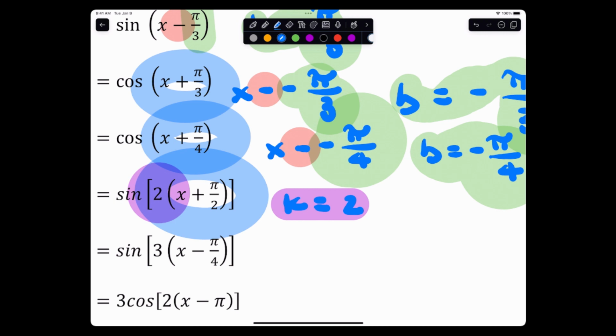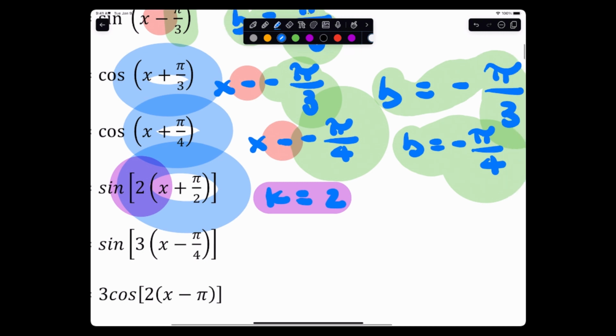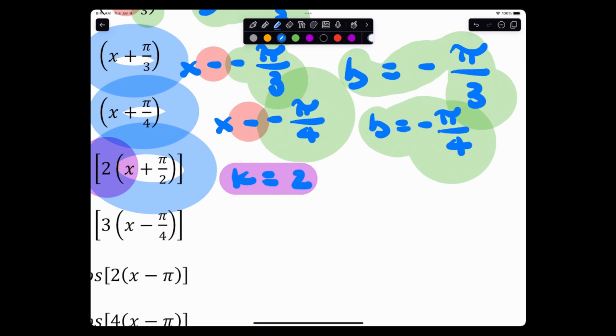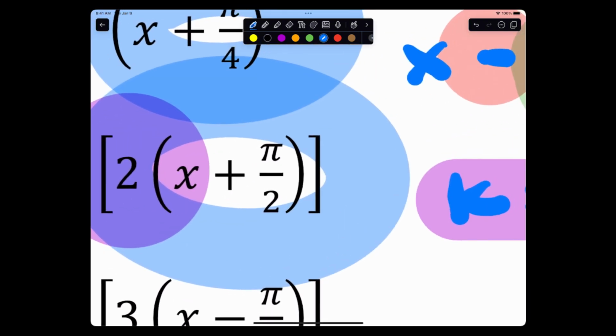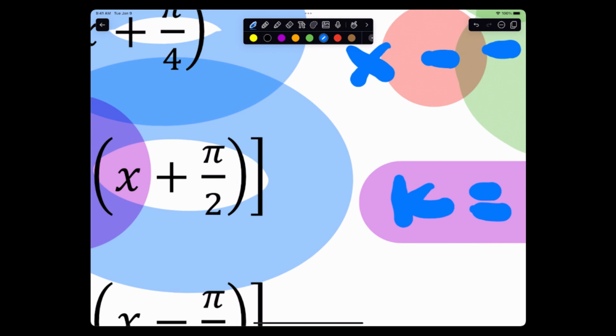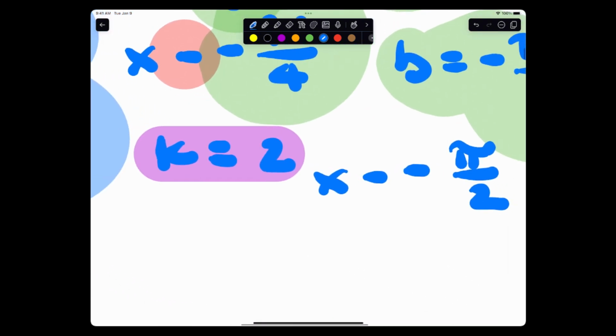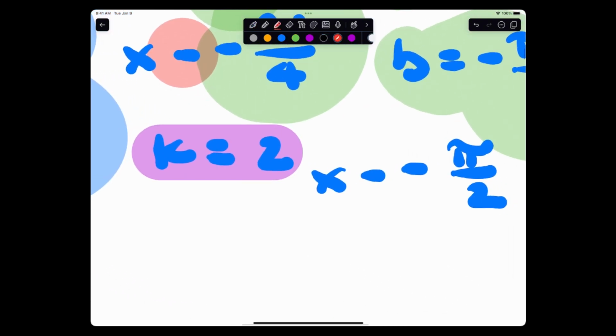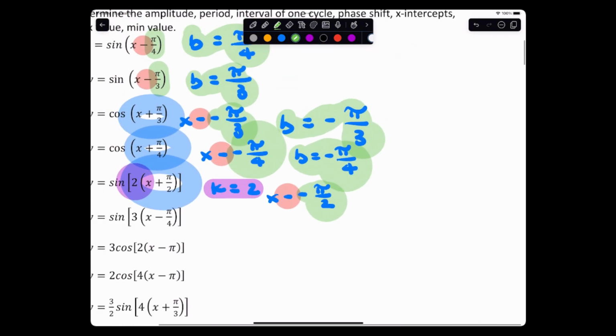Now, what is the phase shift going to be? Can you guys tell me the phase shift? Well, isn't that portion again going to be the following, right? That portion is x minus a minus pi over what? 2. Is that true? Because it has a plus there. You guys see the x plus pi over 2? So that's minus the minus. Okay. So here's that minus sign. What is your phase shift? The phase shift of B is what?